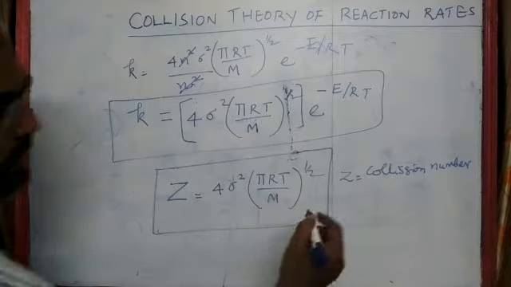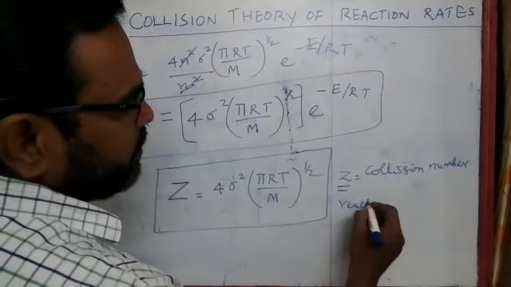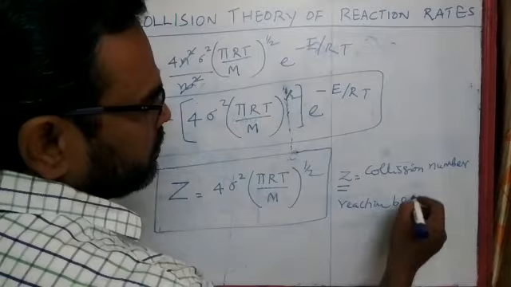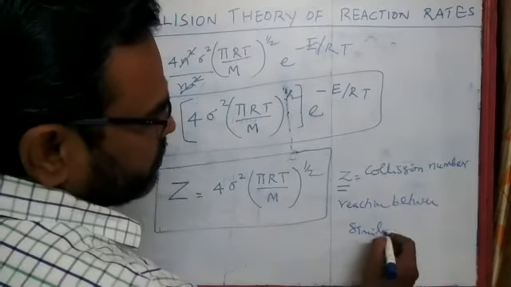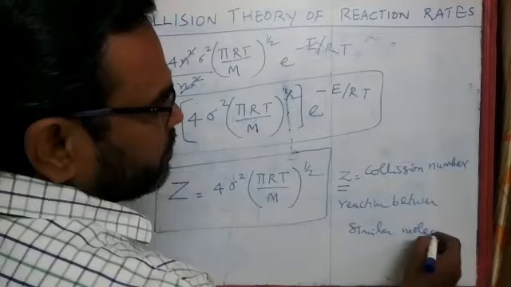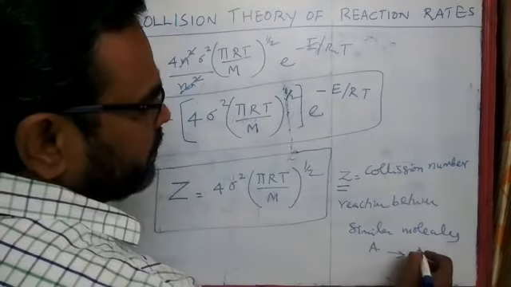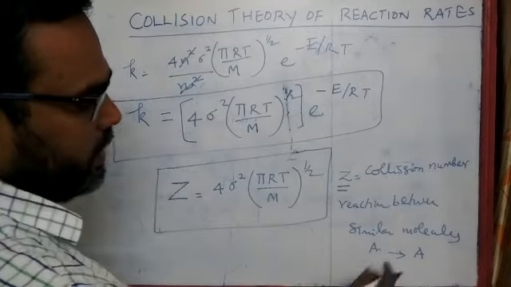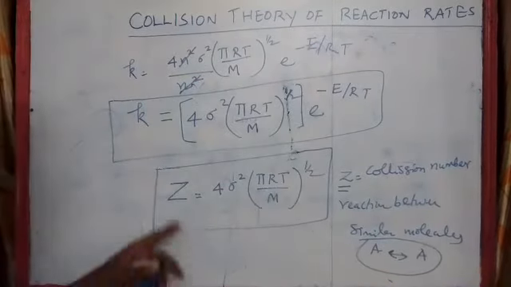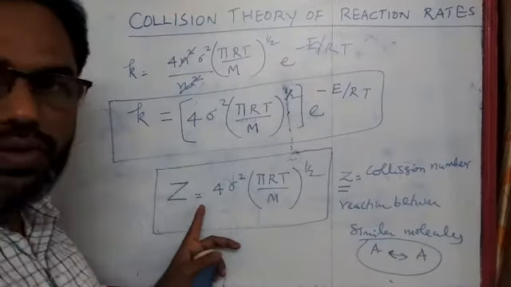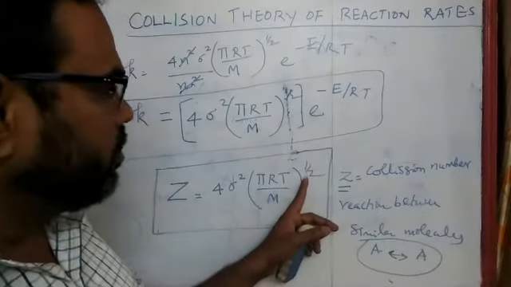So this is the collision number for reaction between similar molecules, say for example A reacting with or colliding with A. For similar molecules, Z is equal to 4 sigma squared pi RT by M to the power 1 by 2.